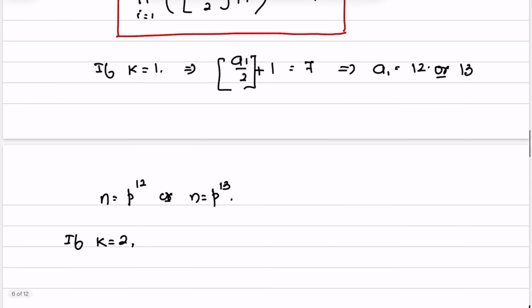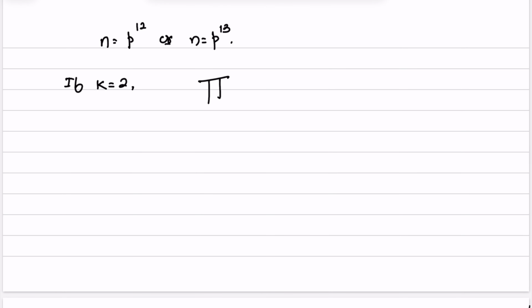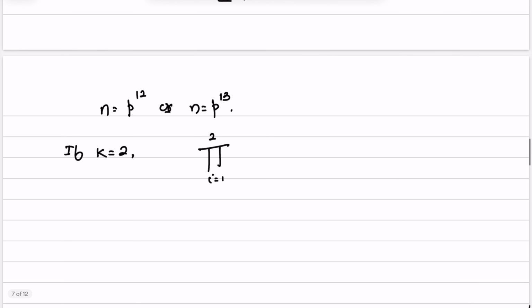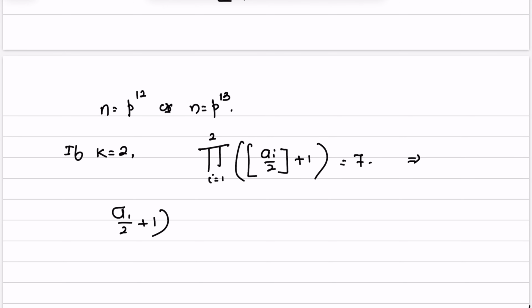Now, if k is equal to 2, the product of i is equal to 1 to k, with k equal to 2 here, of greatest integer ai by 2 plus 1 is equal to 7. That implies a1 by 2 plus 1, into a2 by 2 plus 1, is equal to 7.